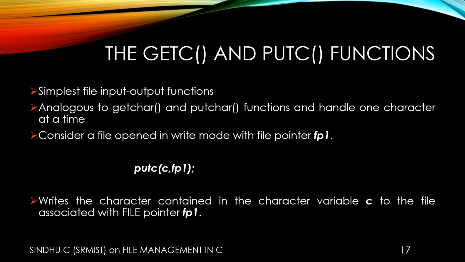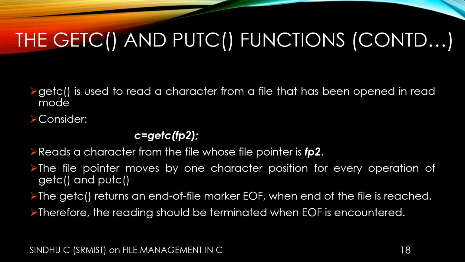Let us consider a file which is opened in write mode with a file pointer fp1. Now putc(c, fp1) takes two parameters, c and fp1. When you give this statement, it writes the character contained in the character variable c to the file associated with the file pointer fp1. getc is a function which is used to read a character from a file that has been opened in read mode.